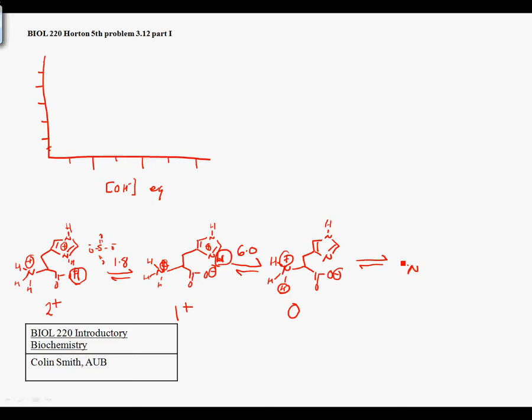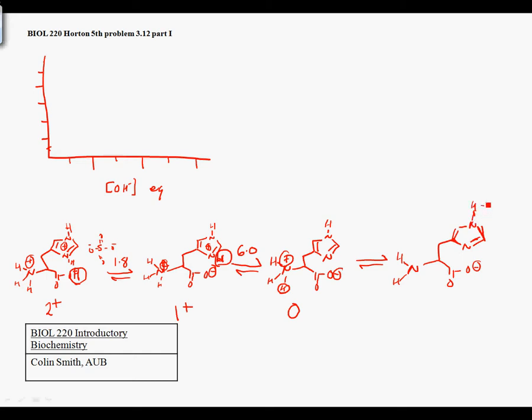And the fully titrated form will be this form, where the amino is neutral, the carboxyl is negative, and the imidazole side chain of histidine is now also neutral. So I did something wrong here. That's right, just not very well drawn. Okay, so this part is neutral.